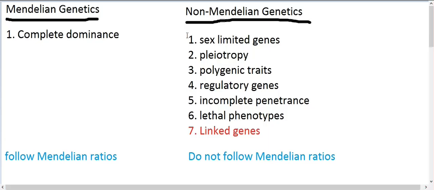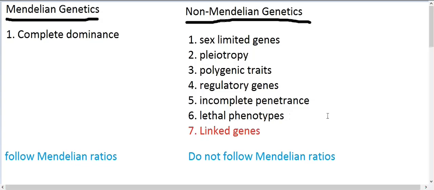So if, based on Mendelian ratios, you're supposed to get 1 to 1 to 1 to 1, then you'll get that for their genotypes, but once you start getting into the phenotype, they'll start differing.